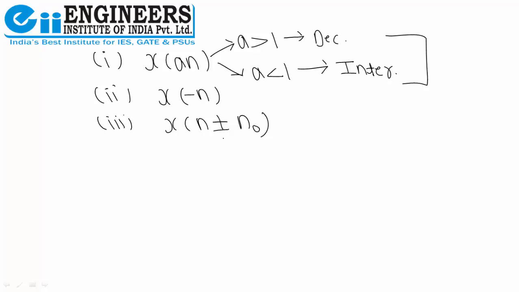Now what is the shifting operation? If there is a plus sign, then the shift will be to the left, and if there is a minus sign, then the shift will be to the right. Same as the continuous time operation. To understand this, let me take one example, and the process will be the same as we followed in the continuous time signal.